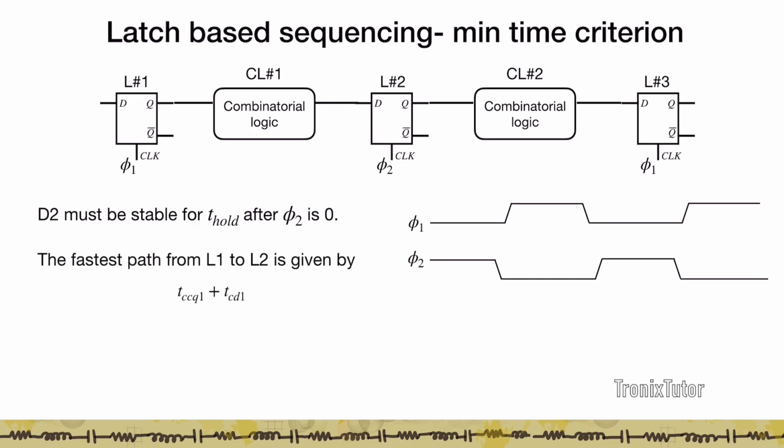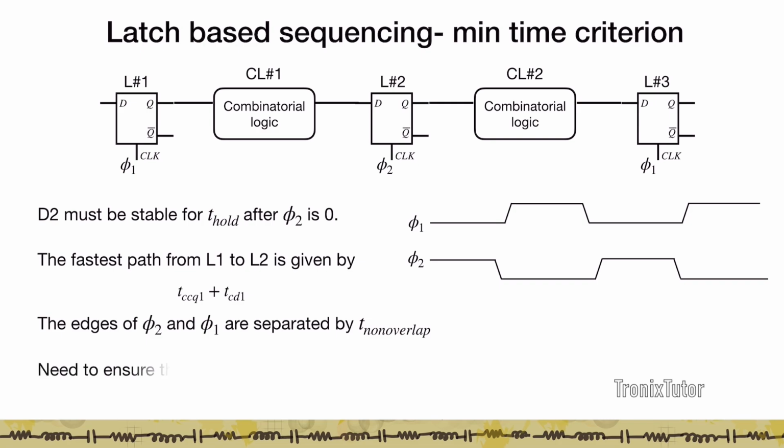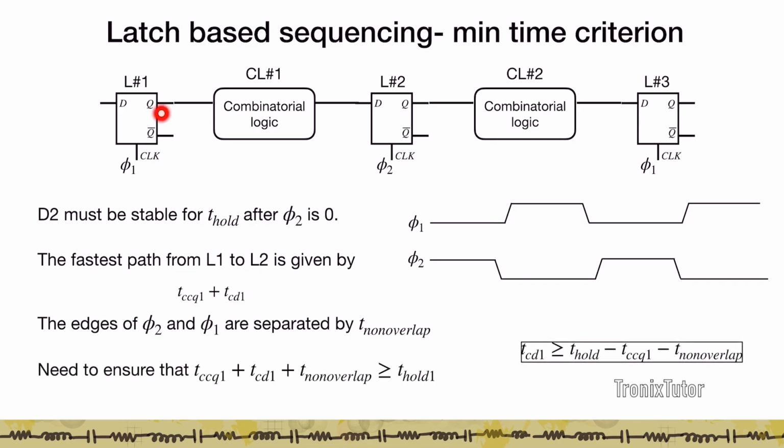Now the fastest path from L1 to L2 is going to be given by TCCQ1 plus TCD1. So that's going to be the fastest for this D to be ready. We also know that phi1 and phi2 have a non-overlap between the two, which means that this fastest time plus this non-overlap should be greater than the hold time of latch 2.